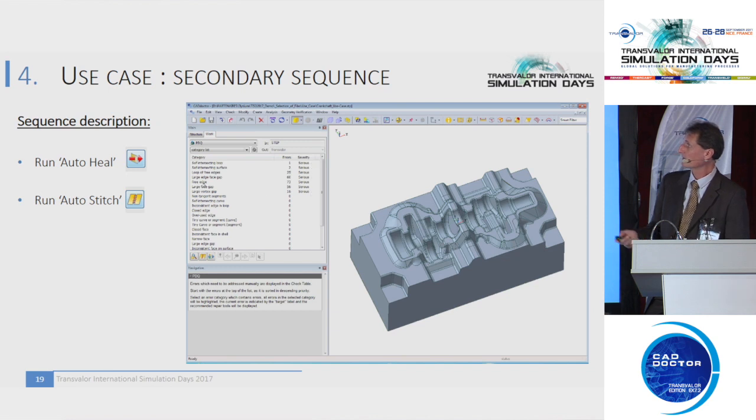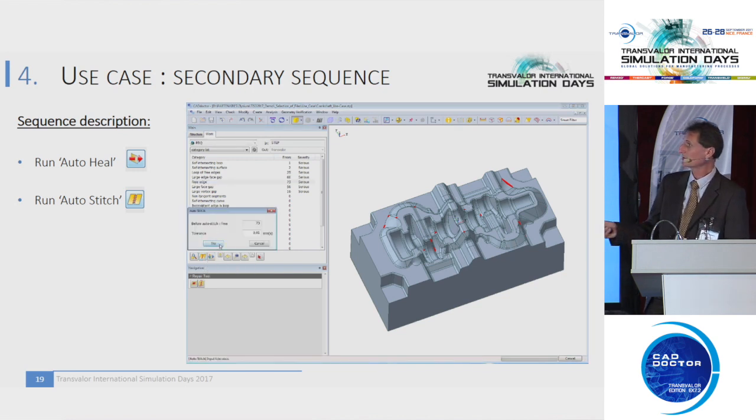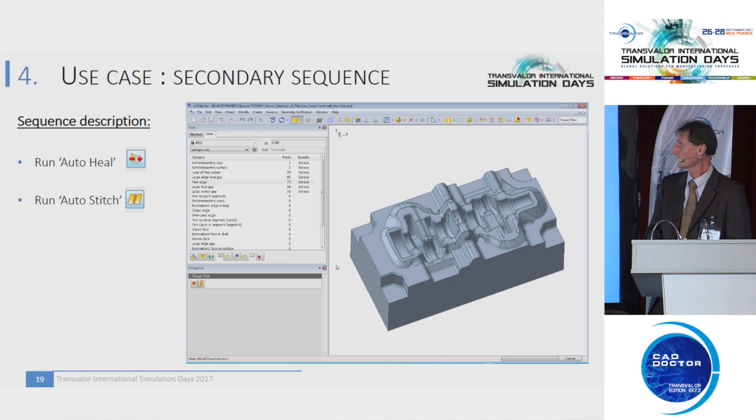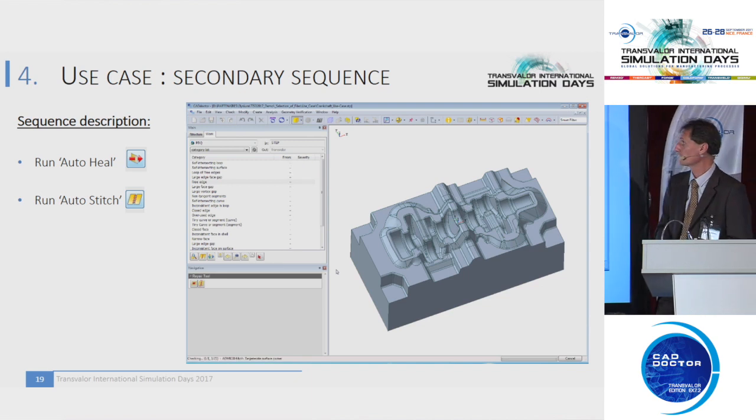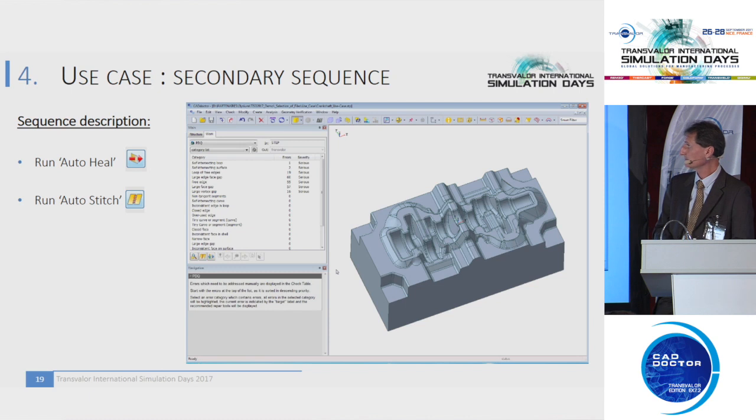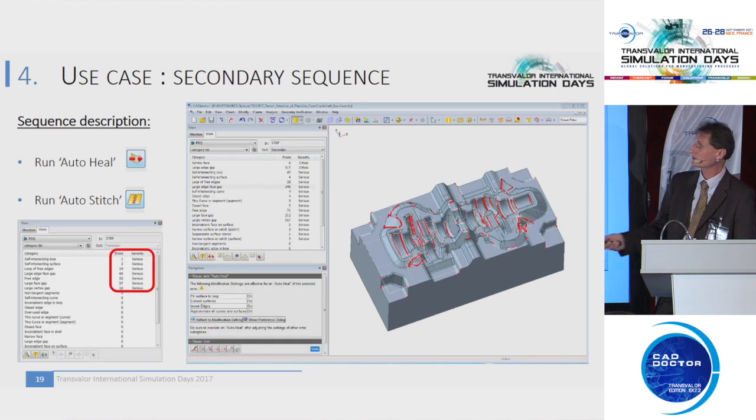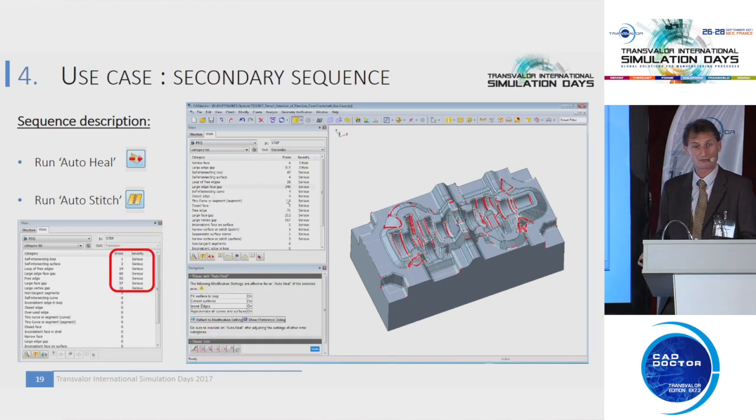And then for some types of error, like for example, right here, the free edges, we can run the auto stitch. And in that case, there's another sequence of operations to stitch together any kind of surfaces. So at the end of that procedure, that's it, we get to another list of errors.